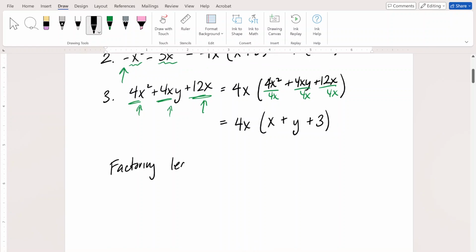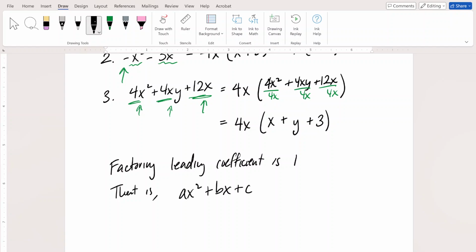When the leading coefficient is 1, that is to say that when you have ax squared plus bx plus c, for example, when a equals 1.